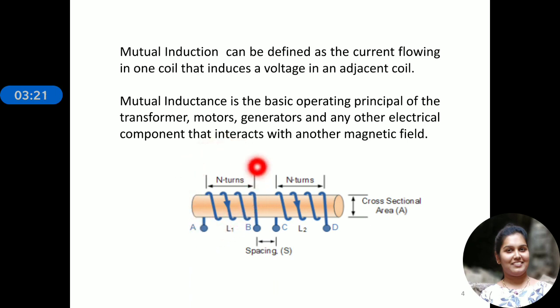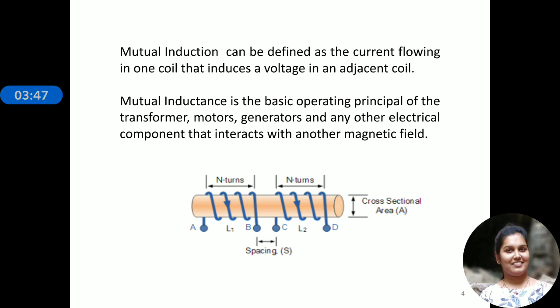This property is mutual inductance. In general, mutual inductance is indicated by the letter M, whereas self-inductance, or simply inductance, is indicated by the letter L.